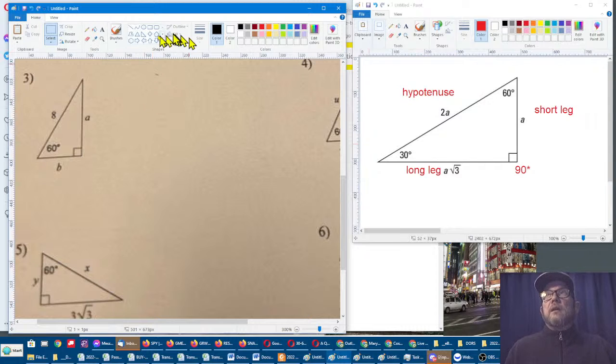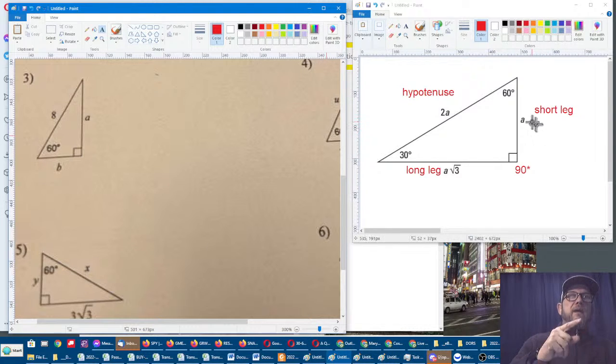Let's focus on this. Remember, this part here is your hypotenuse. So that means your 8 is the result of multiplying 2 times A. So you want to do a backward calculation, or rewrite. To find the short leg, how do we find A?